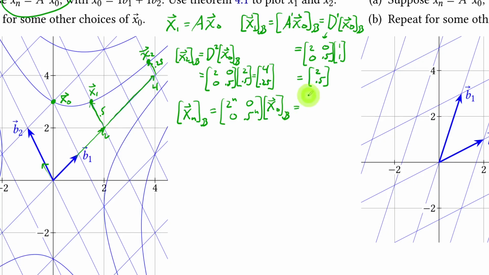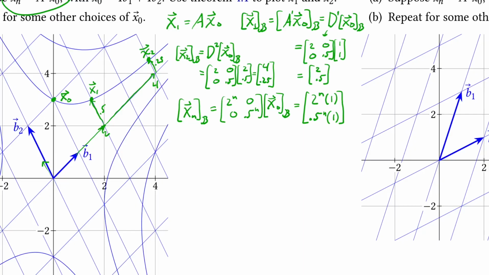So this just ends up being 2 to the power n times 1 and 0.5 to the power n times 1. And so every time you multiply this by A again, you're doubling the B1 coordinate, moving away from the origin exponentially, getting closer to being a multiple of B1, because the B2 coordinate is also getting smaller exponentially at the same time.